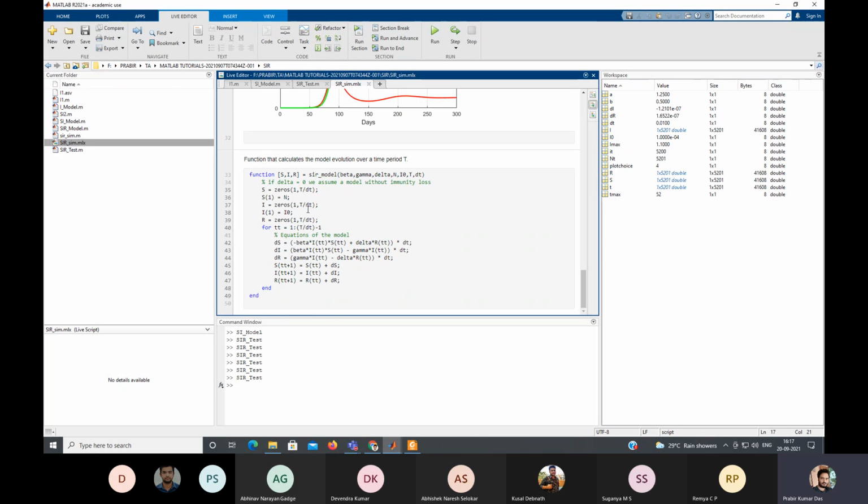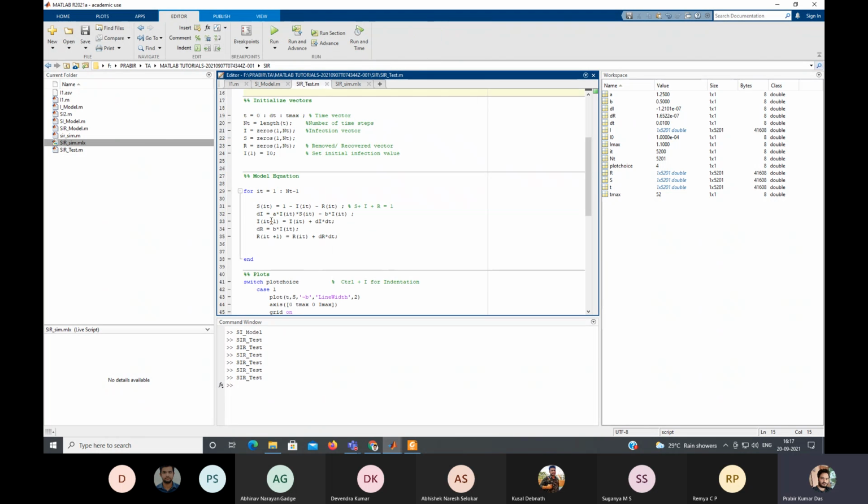Here dt is multiplied before, and then the increment value is calculated. But here I multiplied the dt value while calculating the increment. That is the little change; otherwise everything is similar.